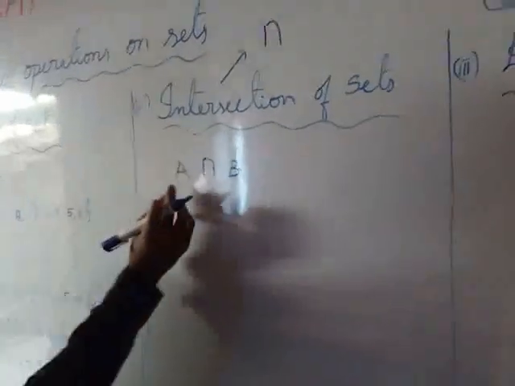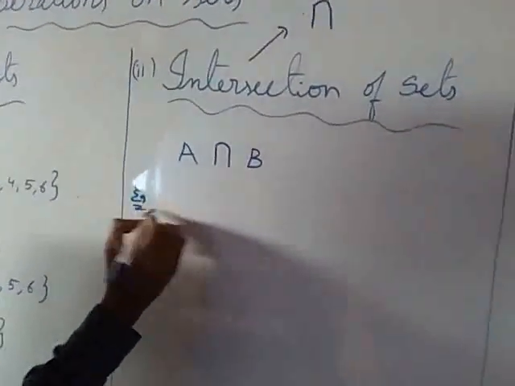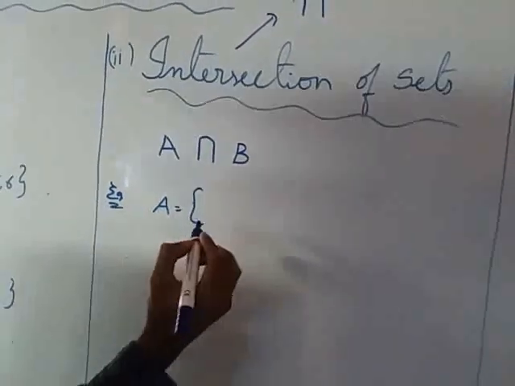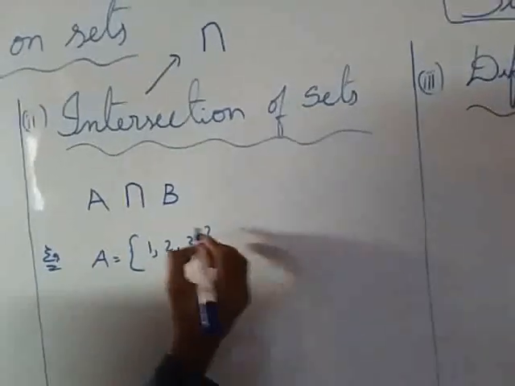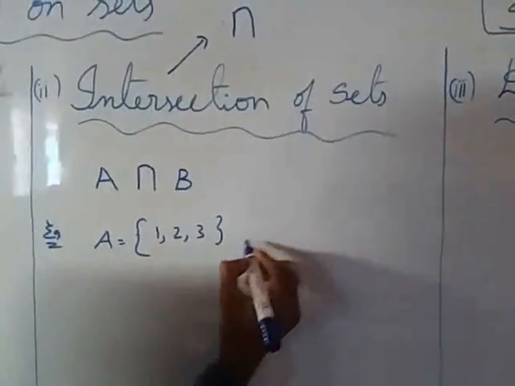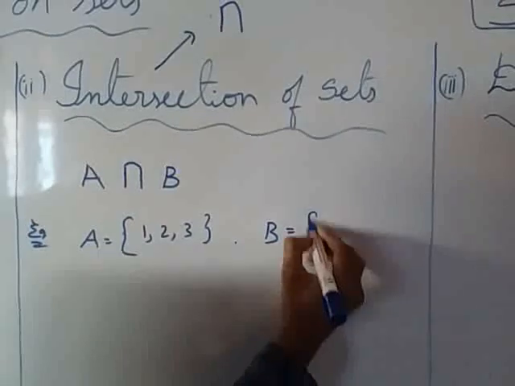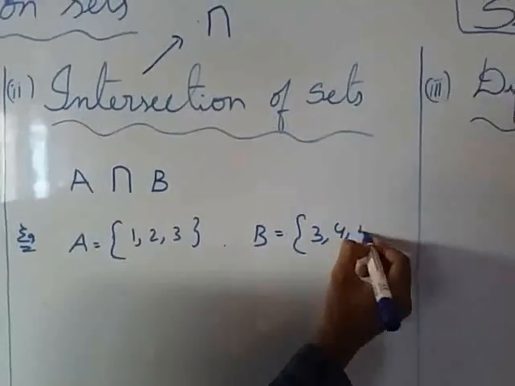For example, A equals 1, 2, 3 and B contains 3, 4, 5, 6.